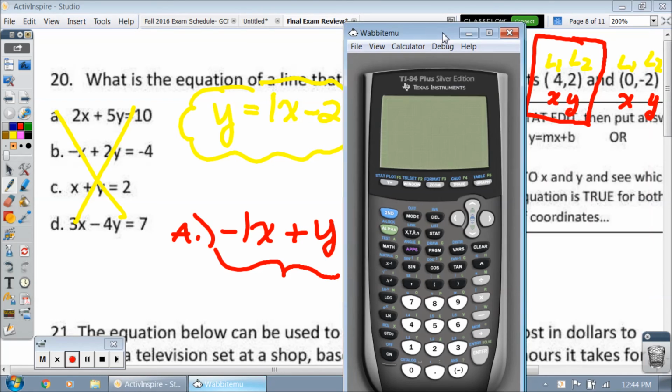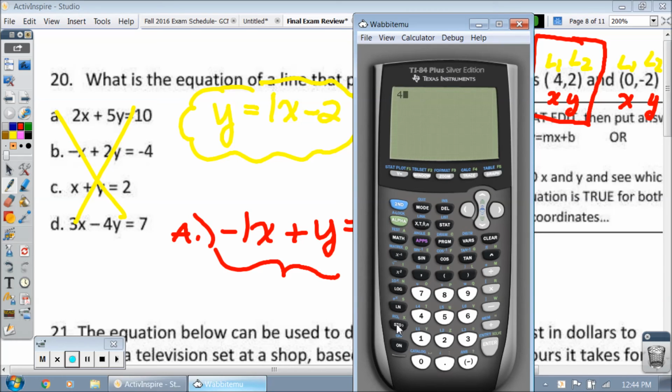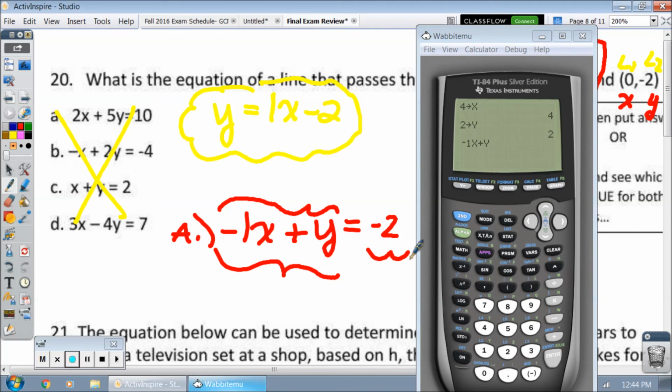Let's take 4 and store it to x. We're going to take 2, our output, and store it to y. Let's type in -1x plus y.